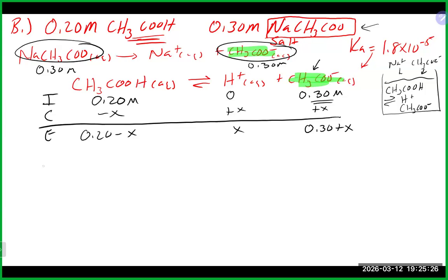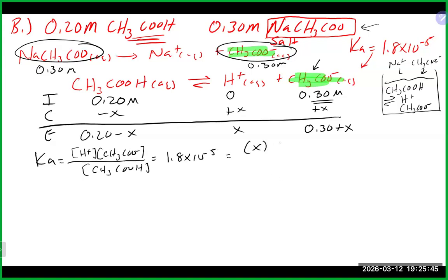Like normal, we're going to go into our Ka expression for acetic acid because, again, it is the only thing here that's going to set up an equilibrium. And putting in our numbers, we will get our equilibrium line: x times 0.3 plus x divided by 0.2 minus x equals 1.8 times 10 to the minus 5.